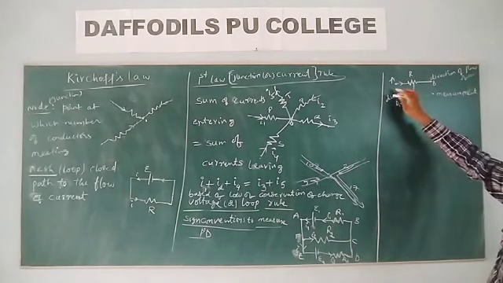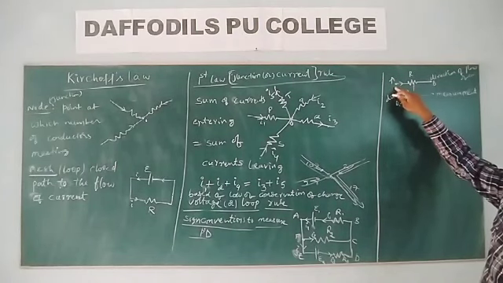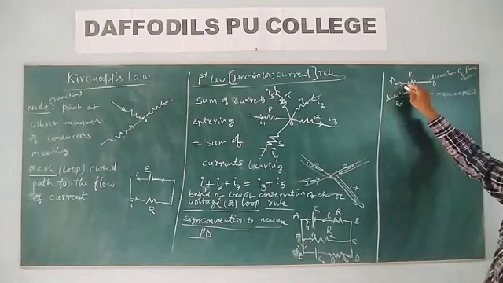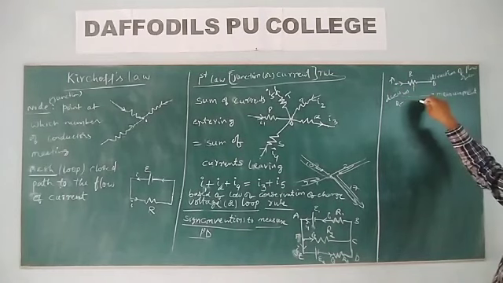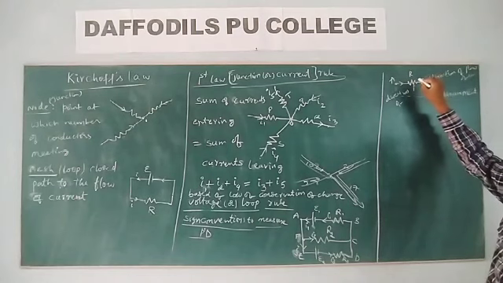So when the direction of the flow of current and the direction of measurement are in the same direction, then the potential difference is taken as negative.